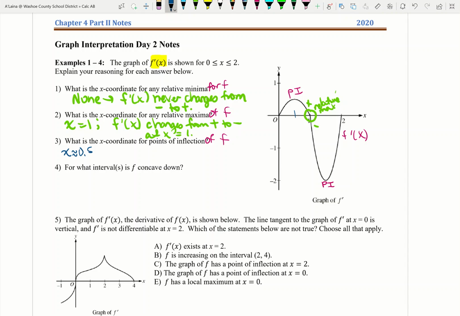I could be a little off, and I'll say this is around maybe 1.5. And really, that's because where f prime of x has extrema is where f double prime of x changes signs. That's what we're looking for in a point of inflection: the second derivative to change signs.